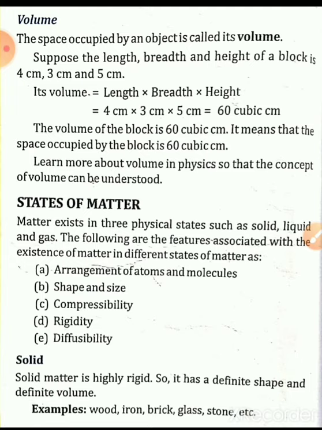So it becomes 60 cubic centimeter, because centimeter, centimeter and centimeter are given. The formula of volume is length into breadth into height. So here we calculated that the space occupied by the block is 60 cubic centimeter.